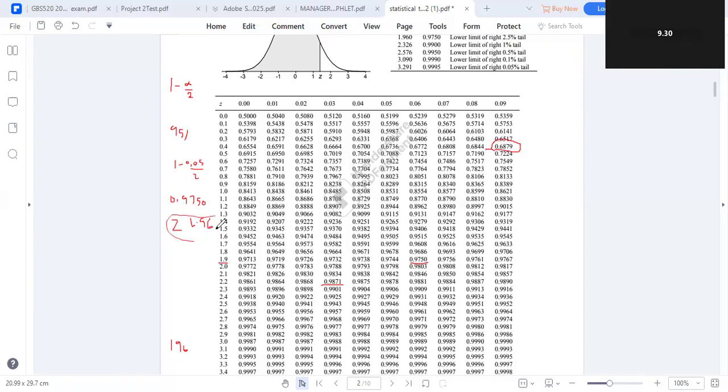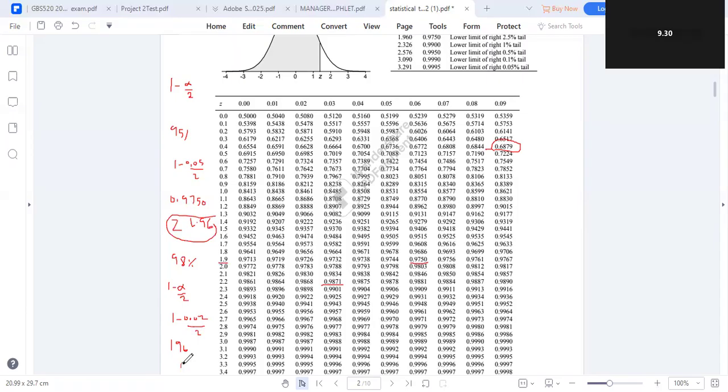I'm trying to simplify your process of recalculating because those are the most common ones. Suppose they gave us 98%. How do we read that one? It's 1 minus alpha over 2. So 98% means alpha is 2%. So 1 minus 0.02, divided by 2, so 0.01, which gives 0.99.